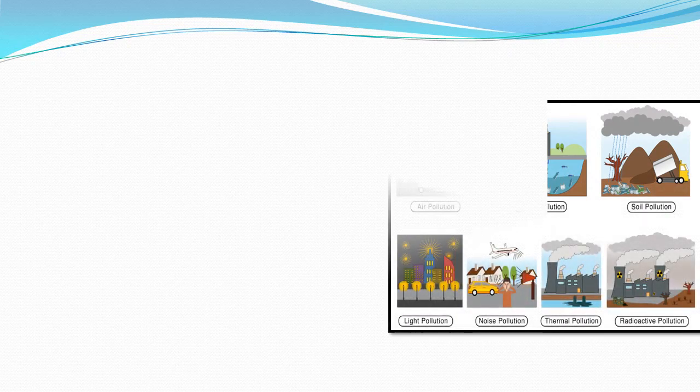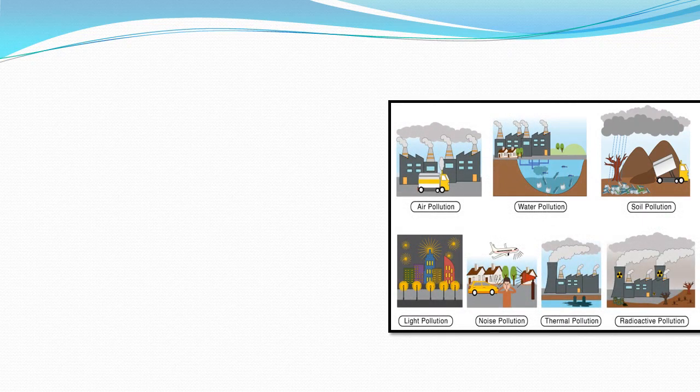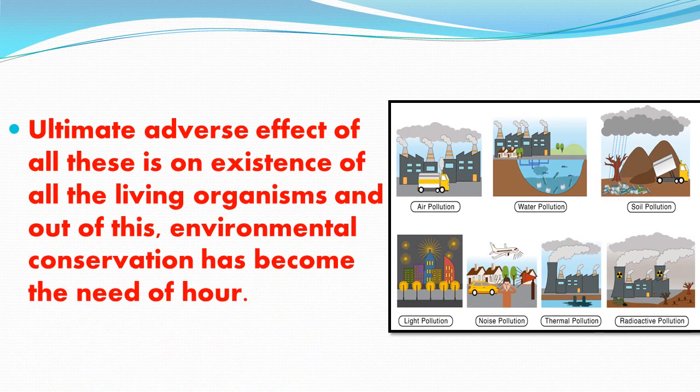Okay, students, pollution is a broad concept and there are various types of pollution like air pollution, water, sound, soil, thermal means heat pollution, and light pollution occurring around us, and the ultimate adverse effect of all this is on the existence of all living organisms.